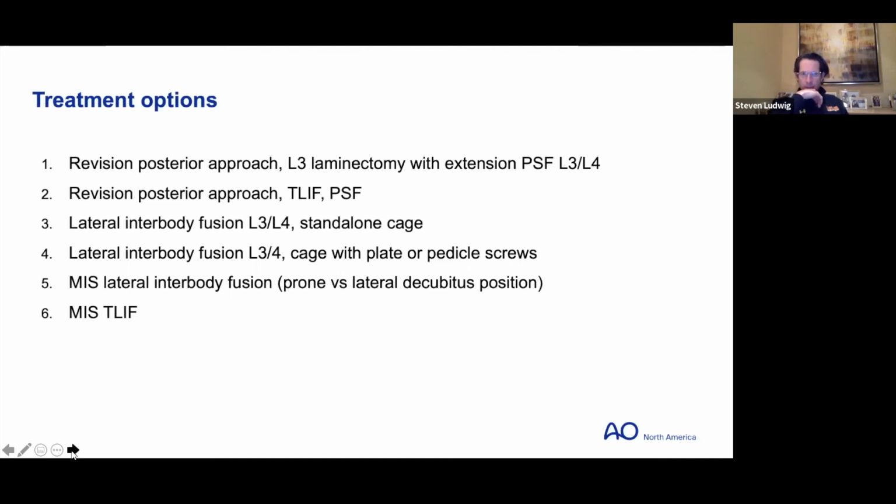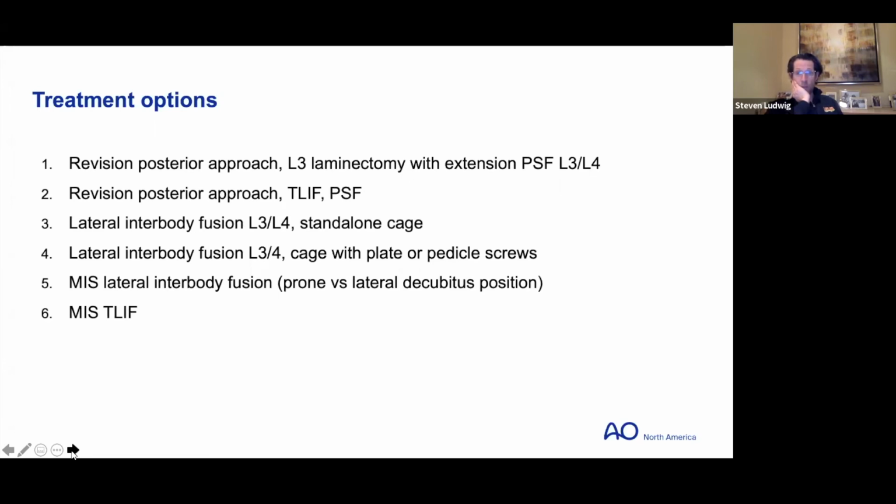I think this is a really great discussion point, Jack, and great articles that you brought up. The issue with adjacent segment disease is it's very common, and it occurs for a lot of different reasons, and that's a webinar in and of itself. But we have to decide for our patients what's best for them, right?